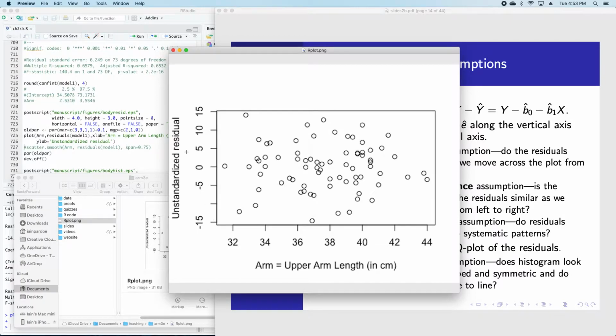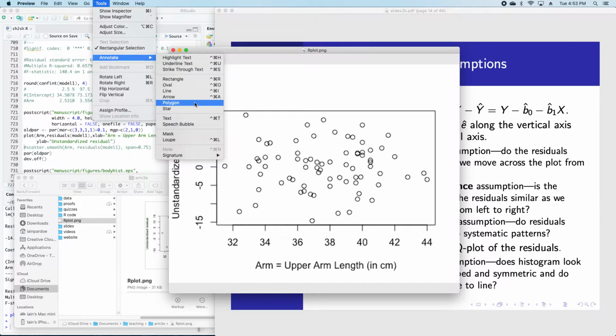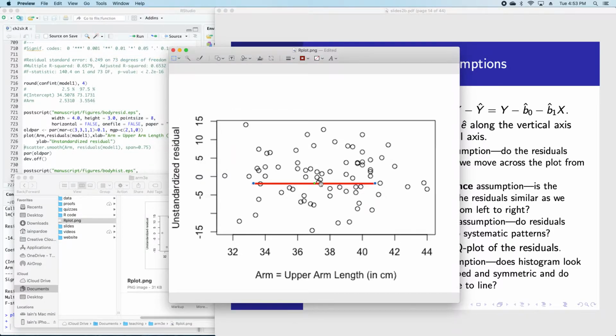Okay, and let me annotate this as well. So what I'm going to do is divide the plot up into vertical strips or vertical bands.